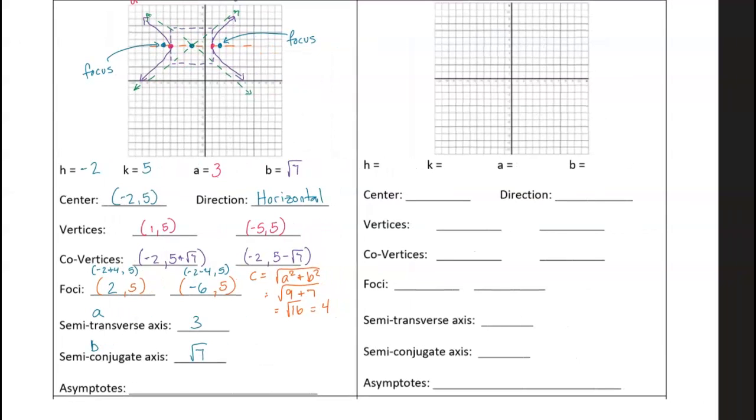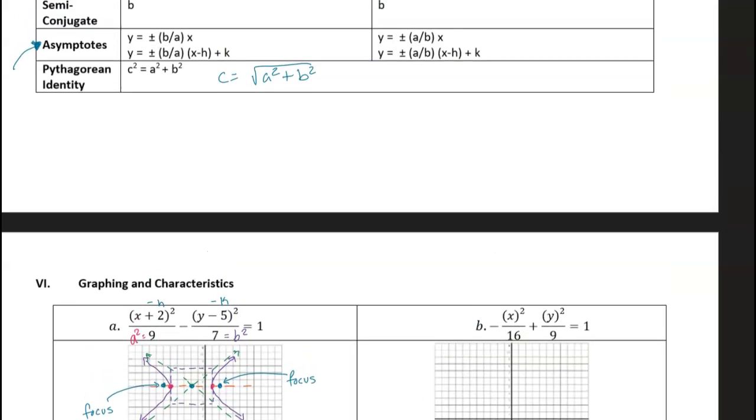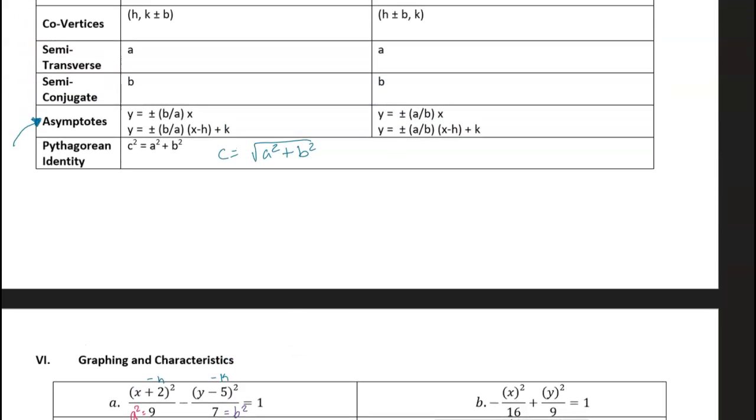And now the equation for our asymptotes. So this is the only thing that I maybe need this formula to help me with. Our center is not at 0, 0, and this is a horizontal hyperbola, so I am looking at this equation right here.